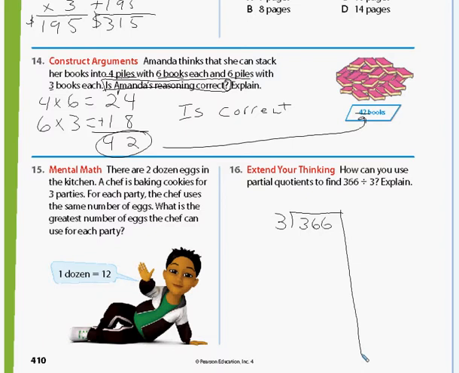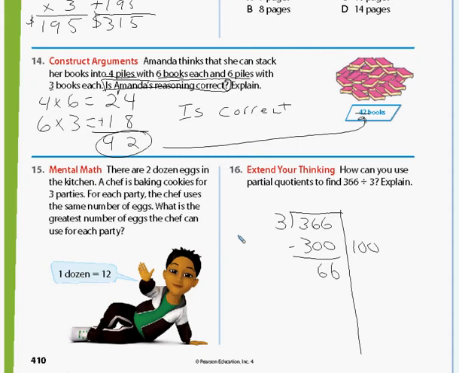Just as easily as I know my 10 facts, I know my 100 facts. And 100 threes is 300. When I subtract that, that gives me 66. I'm going to get this problem knocked out as quickly as I can because I'm running out of room there. So we'll go back to our tens.